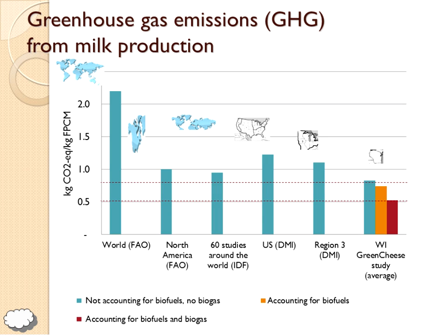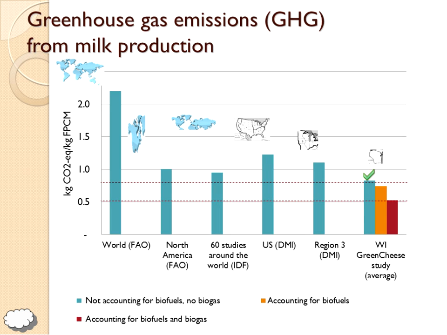So when we back this up and look at our green cheese study, this is our system without distillers grains, without a digester. This is our system with distillers grains, but no digester, and this is our system with everything, the digester and the distillers grains. The U.S. average up here is 1.2 kilograms of CO2 equivalent.